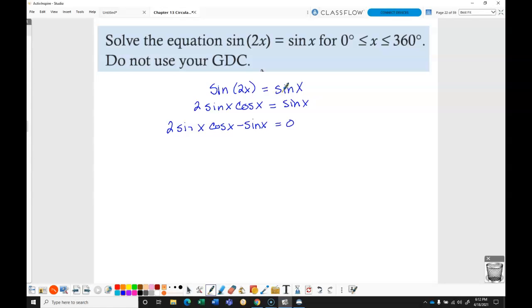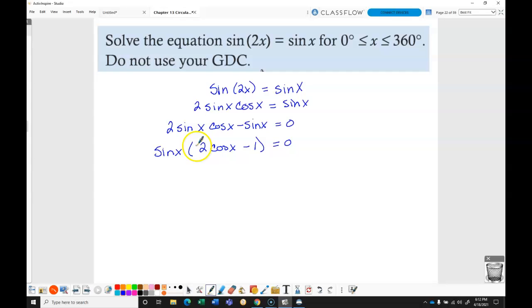So that's why we don't want to just divide it out and get rid of it here, okay? What I can do at this point is factor it out. So let's factor out the sine x, because that's in both terms. So sine x, and that would be 2 cosine x minus 1, and that equals 0.